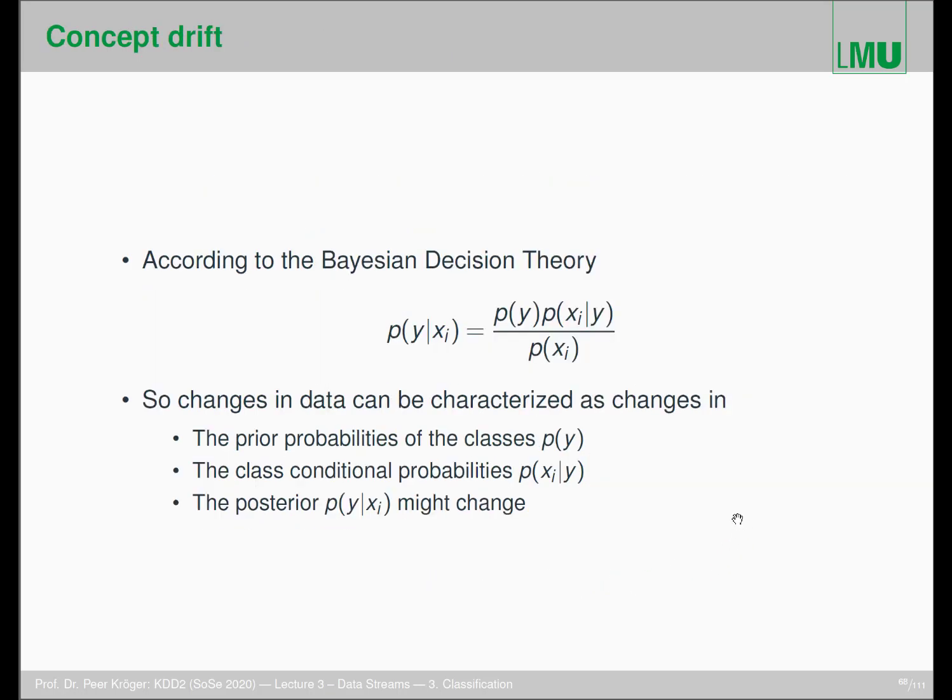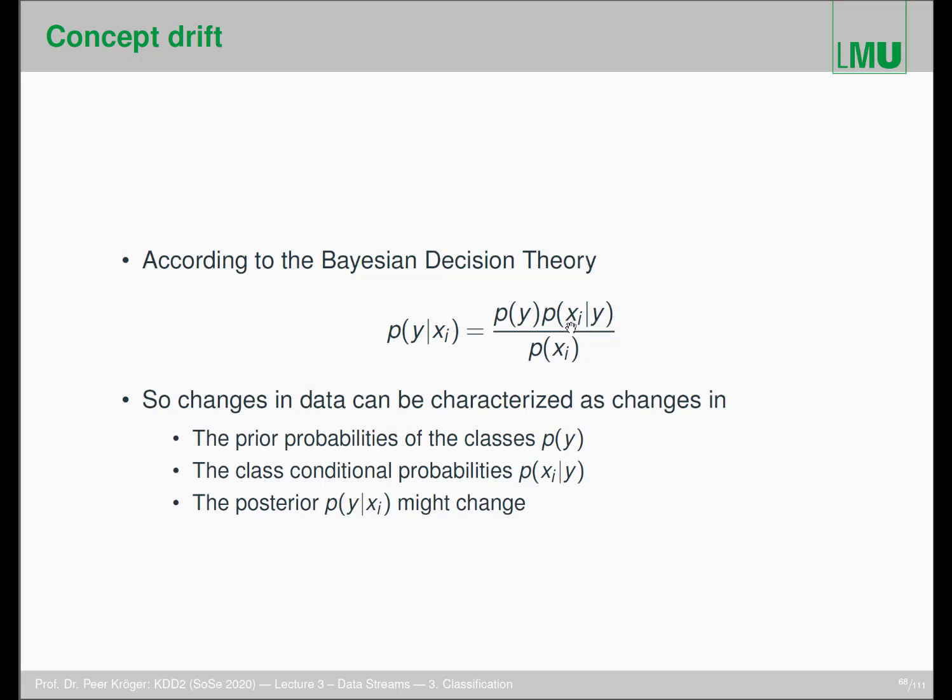And if we apply a kind of Bayesian view on the whole thing, well, we know from the Bayes classifier, from Bayesian decision theory, the probability to take class y given a specific observation can be computed by the prior probability of the class p of y, times the probability that x is there given a specific class y.